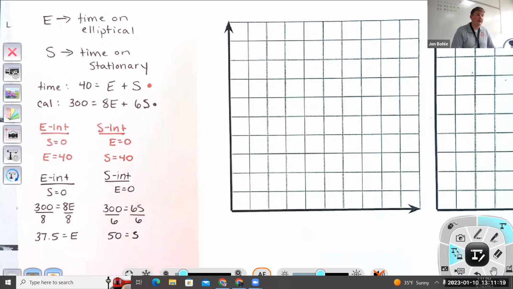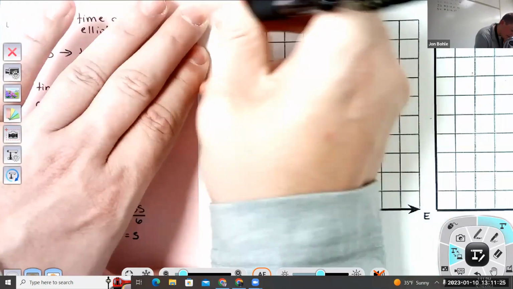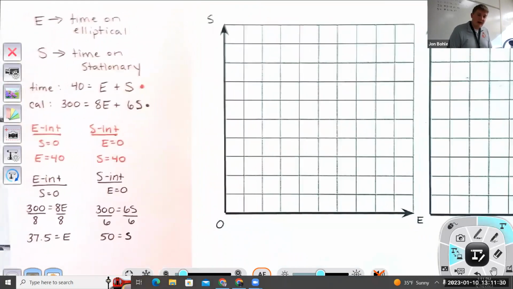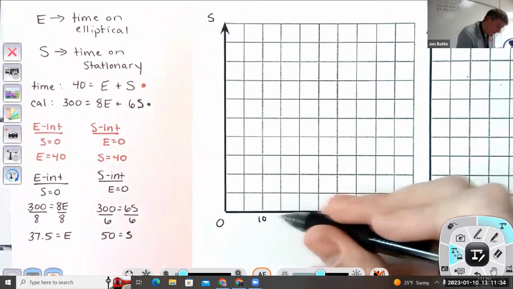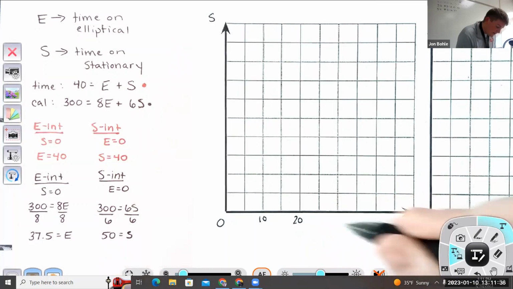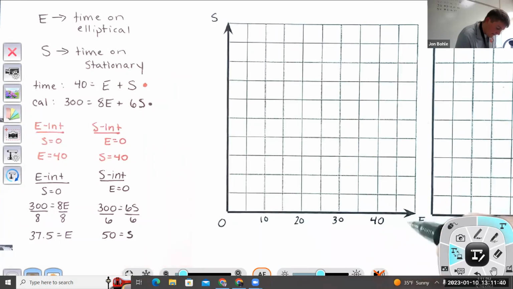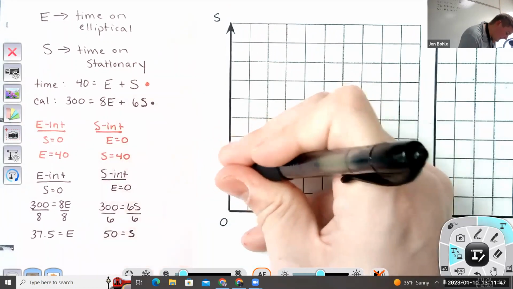If everything was a multiple of 3, you could go by 3s. I'm going to call this E and this S, I suppose. I'm going to go by 5s. So 5, 10, 15, 20, 25, 30, 35, 40, 45, 50. Same thing the other way.